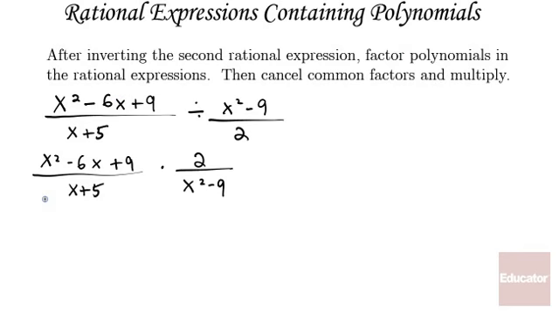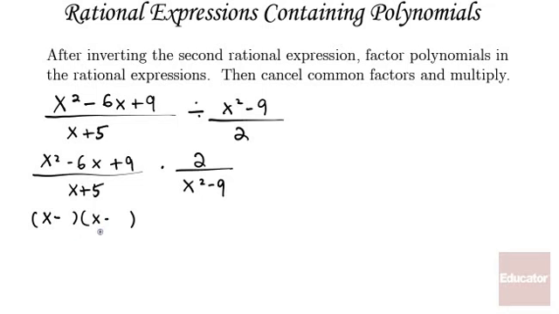Okay, first one, numerator. I have x, and I have a positive here, but I have a negative here. And what that tells me is that I've got 2 negatives. So I've got x minus something times x minus something.